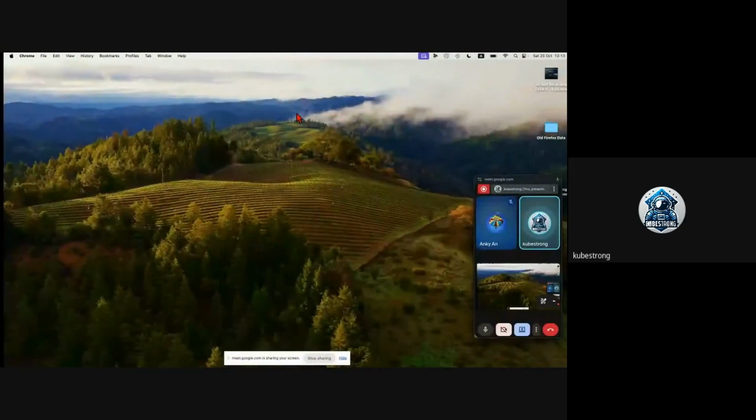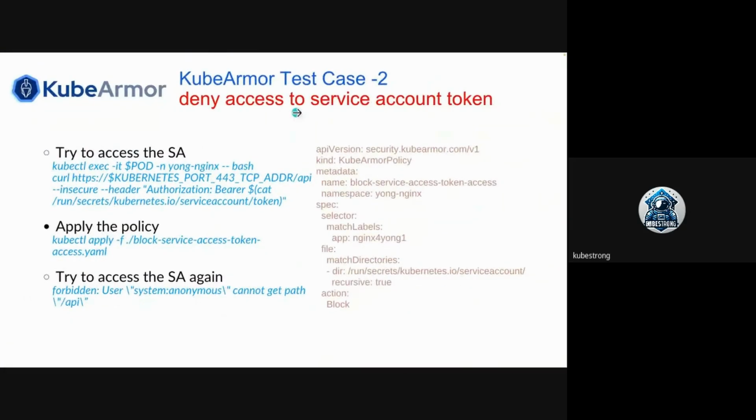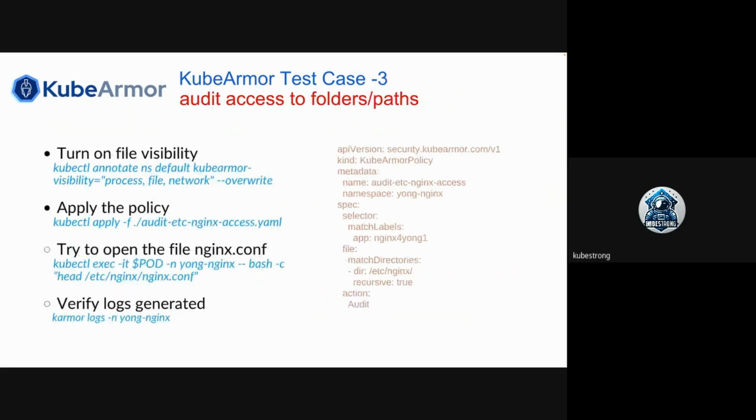So this was the deny service account token policy, and also blocking any particular process. The other thing is that sometimes, for example with the Nginx application, you want to allow people to access certain files and directories. That's where you can also have audit access to certain folders or paths. This is another example: you want to audit /etc/nginx.